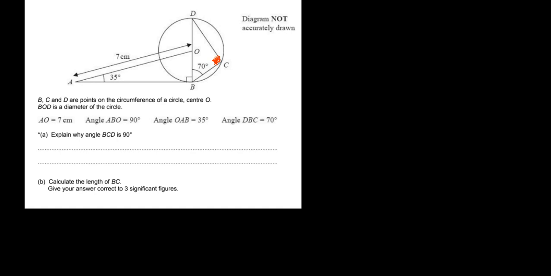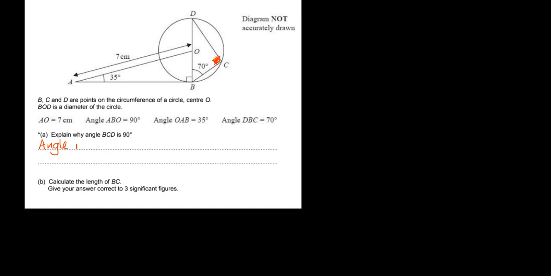Angle BCD is this angle here. Let me just highlight angle BCD. And we've already said it's 90 degrees. The reason is, it's a circle theorem, this one as well.